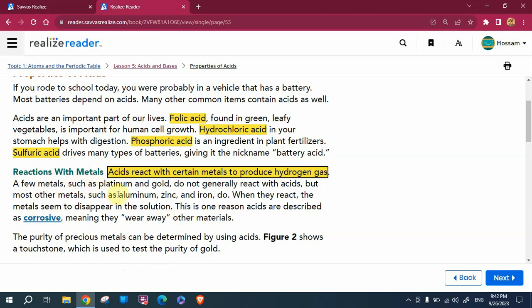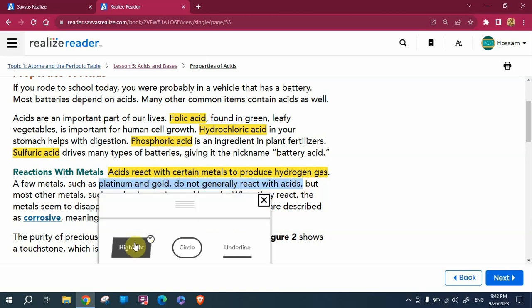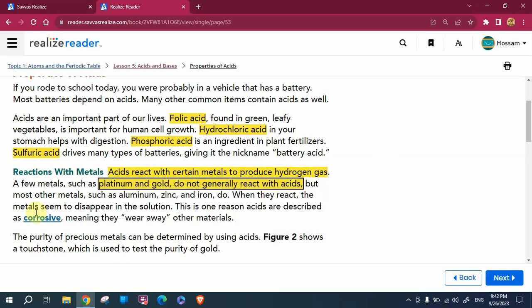Other metals such as platinum and gold do not generally react with acids. But most other metals such as aluminum, zinc, and iron do, meaning they react with acids and hydrogen gas evolves.